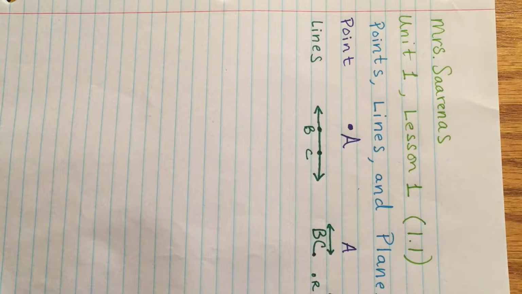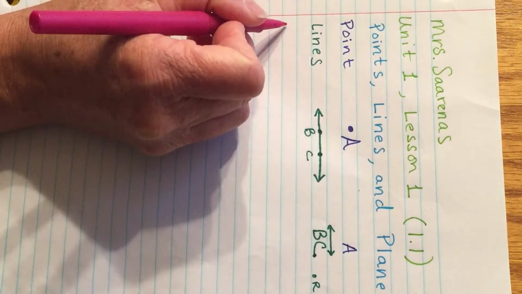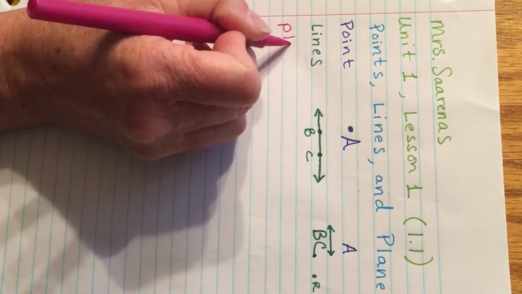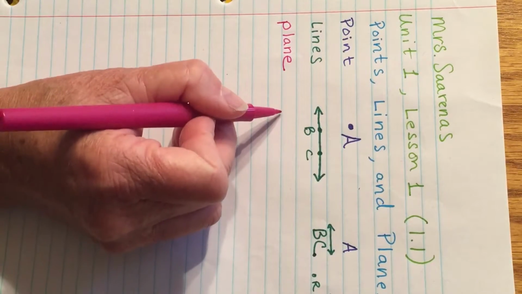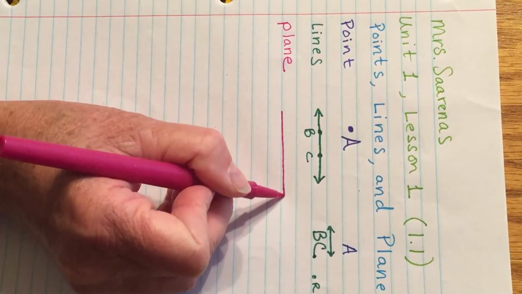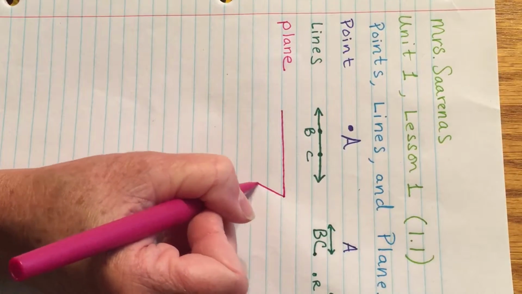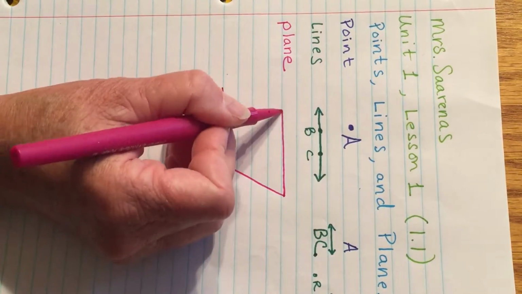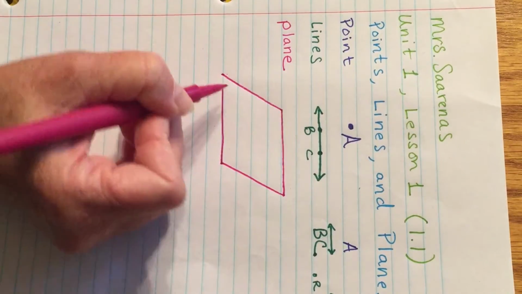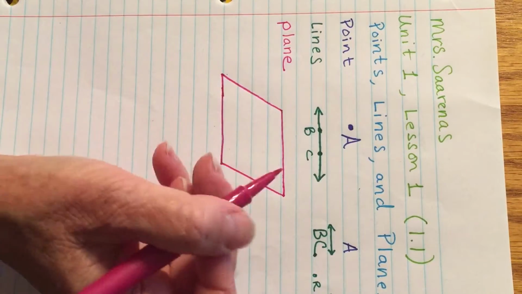And finally, a plane is an entire surface, a two-dimensional surface. We often see planes pictured looking like this, somewhat of a parallelogram shape. This is called a plane.